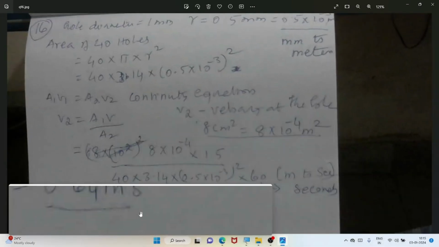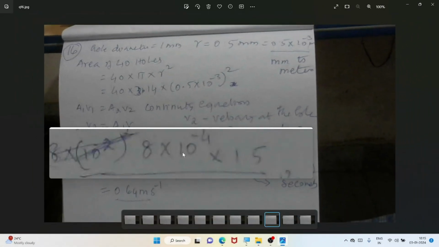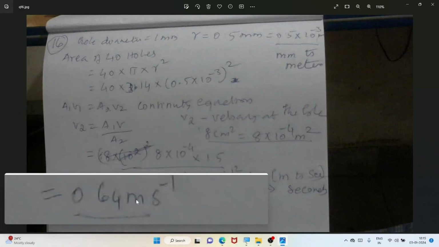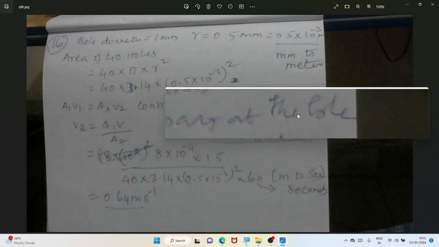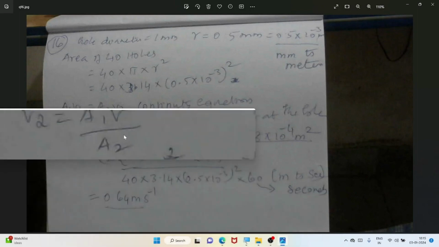Okay, area of the 40 holes, one hole is pi r square, 40 holes is this much area. A1V1 equal to A2V2, AV equal to constant. So V2 is the velocity at the hole.